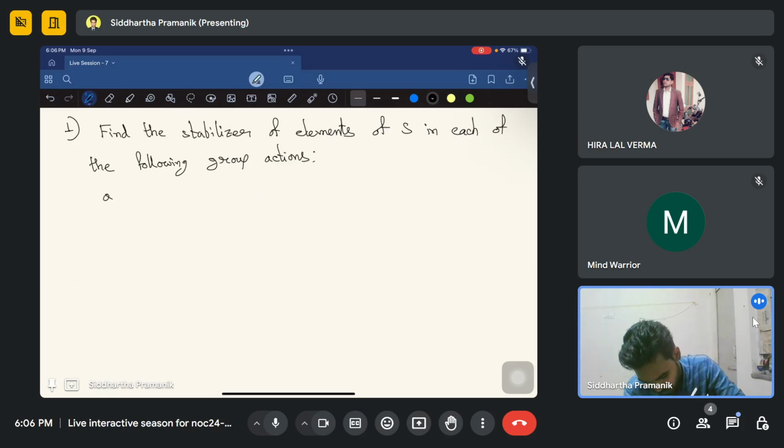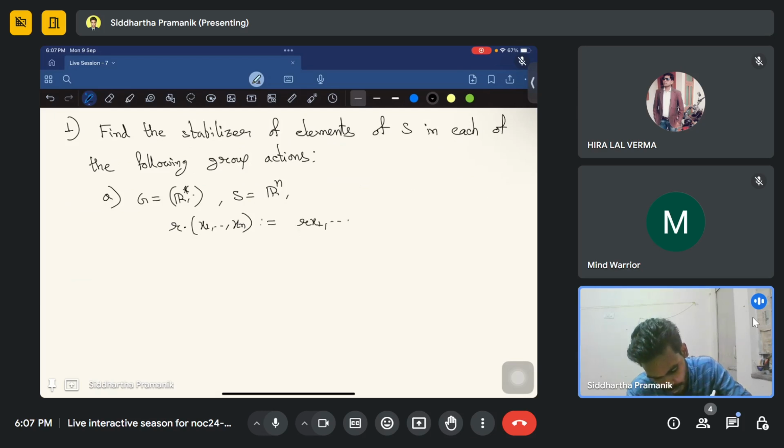First one: your group is R star under multiplication, your set is Rn, and the group action is r dot (x1, up to xn) defined as (rx1, up to rxn). So we are just multiplying r in each coordinate.